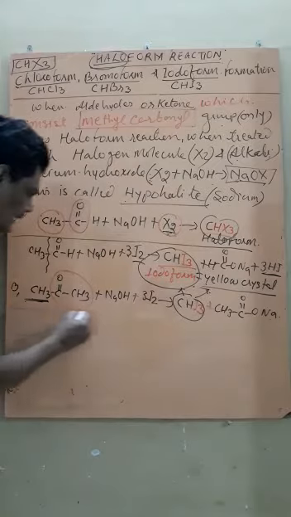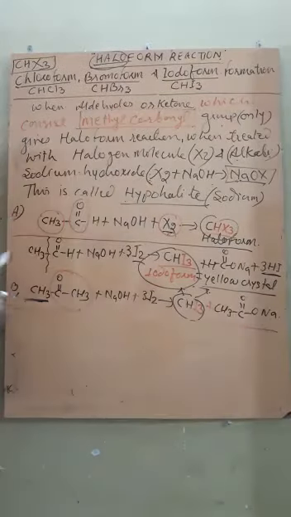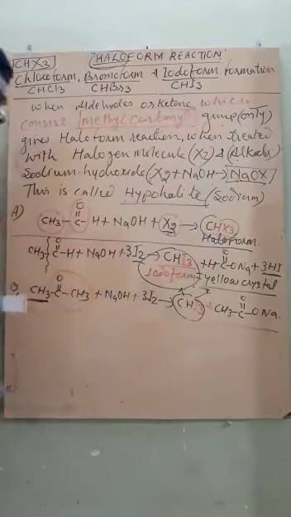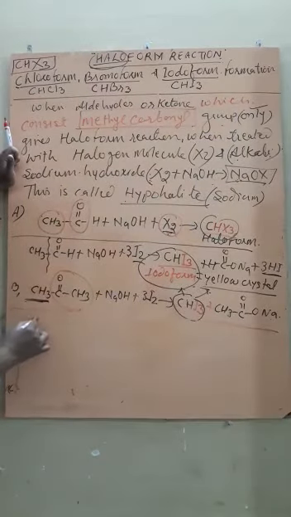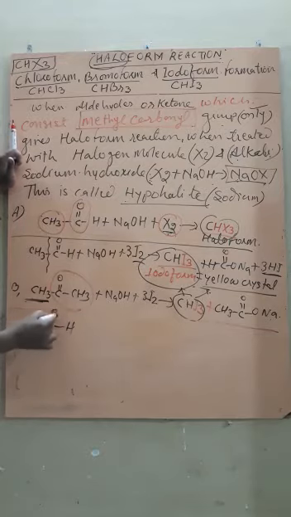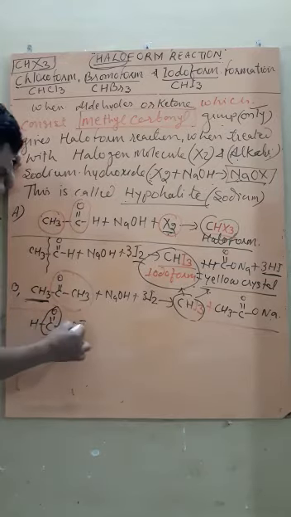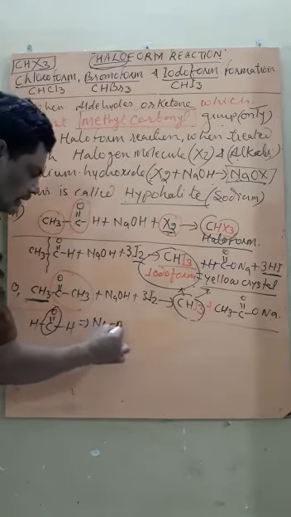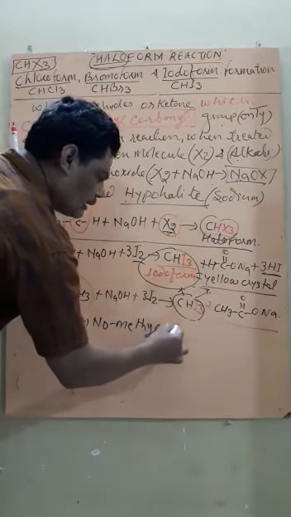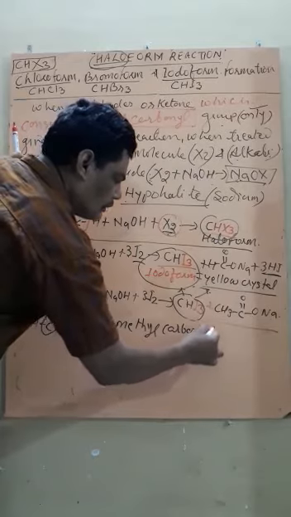Now, students, as I told you, if any other aldehydes or ketones are there, like HC double bond O, this is an aldehyde with no methyl carbonyl, so no reaction.